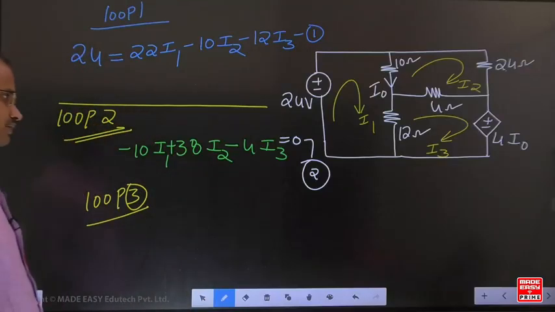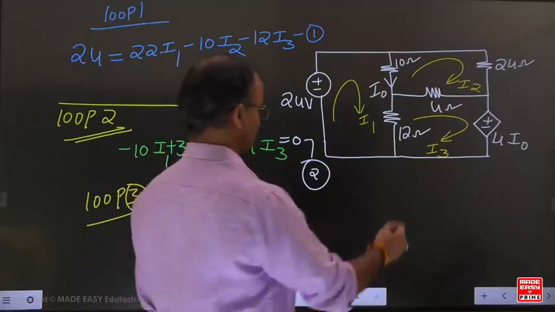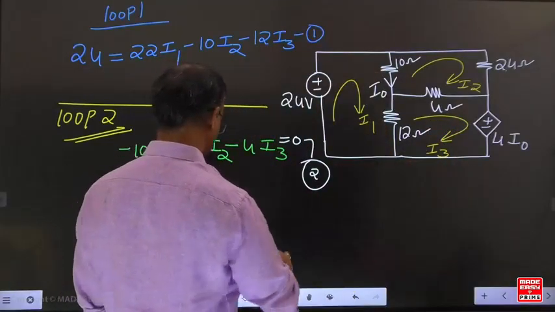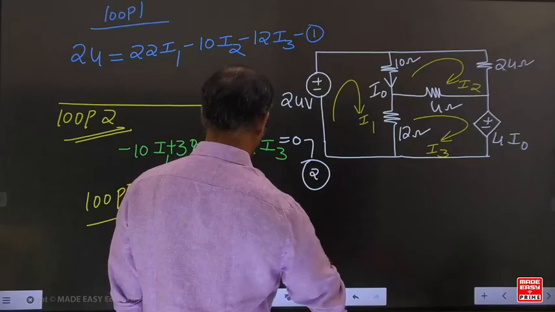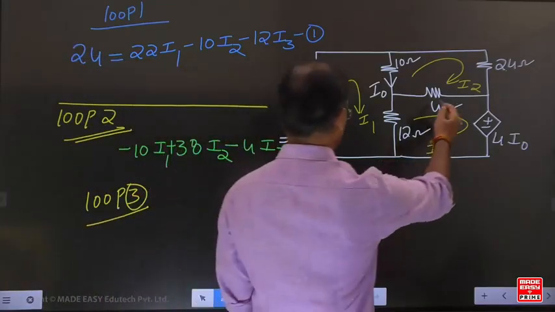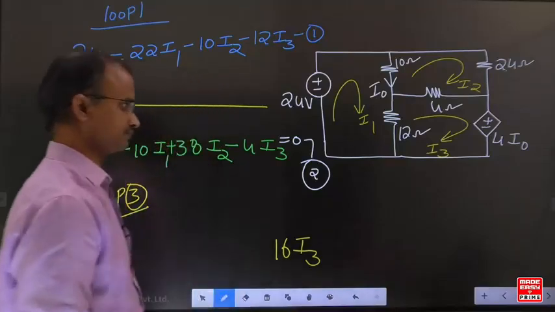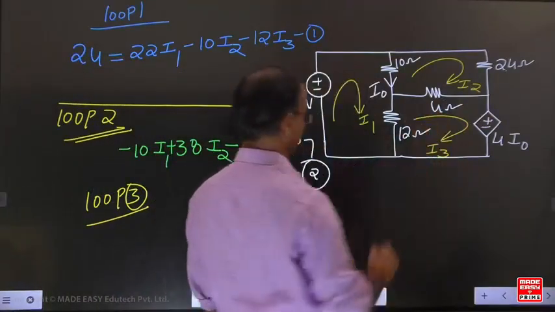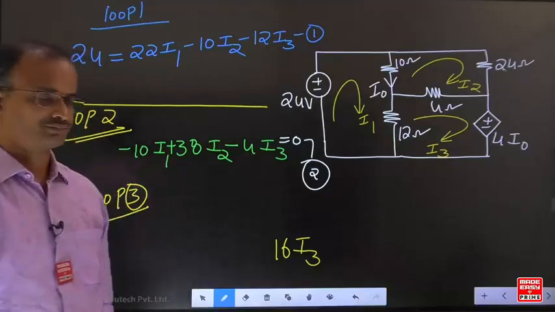Can you write loop 3 also? Now for loop 3, I3 current circulates in the 12 and the 4, 16 I3. In the 4 ohm resistance, I3 and I2 are in the opposite direction.